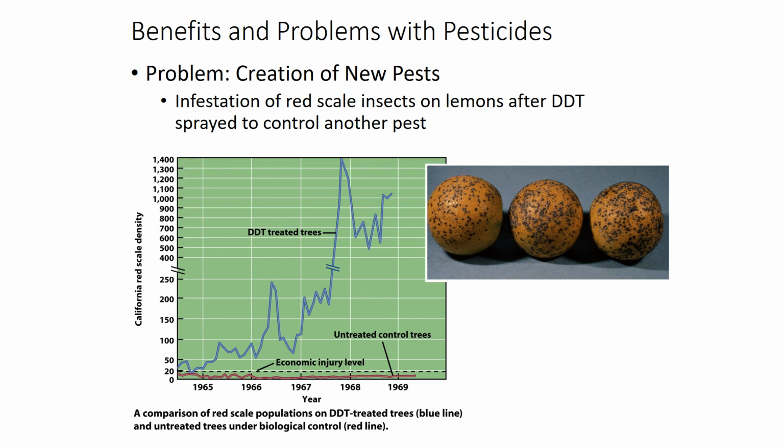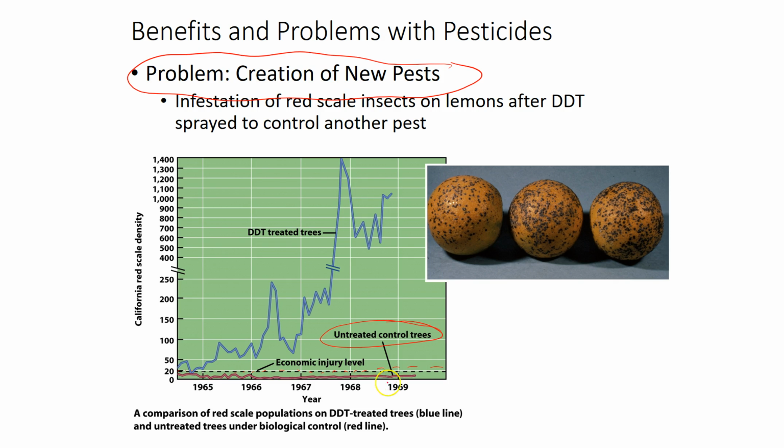So another example, right? And we can look at this idea of creation of new pests. Again, these resistant strains of bacteria, we get resistant strains of insects. So what we have are untreated control trees. Right? And this dashed line shows where the insect population is big enough to where we get economic injury, or essentially, we're having a severe impact on the profitability of that crop, right?